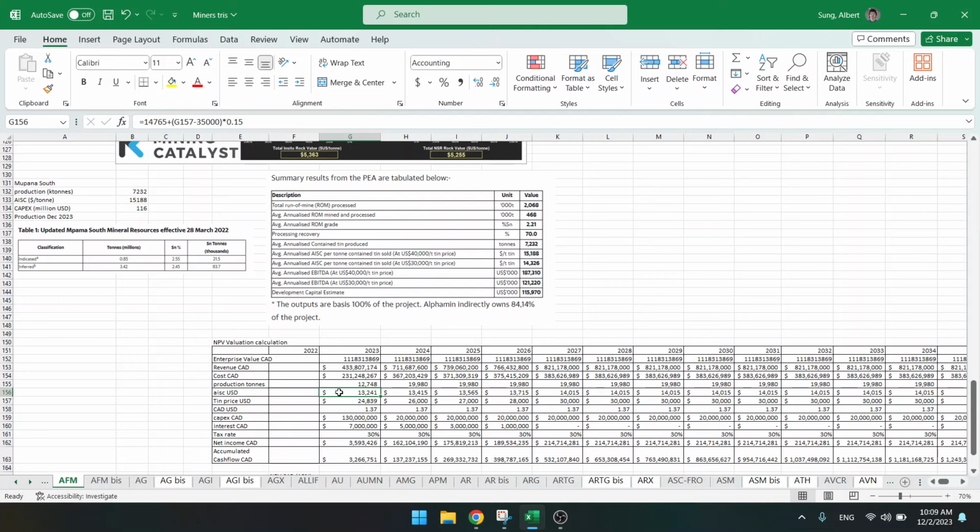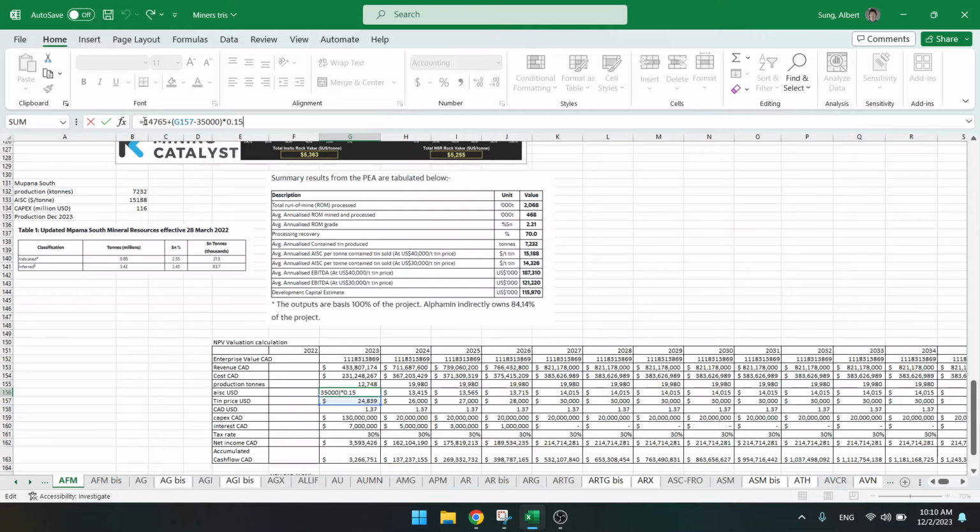Now the costs. There is a specific formula for the costs, and that's this formula. So this uses the tin price, and as the tin price rises, then the cost rises as well. So we just use this formula.